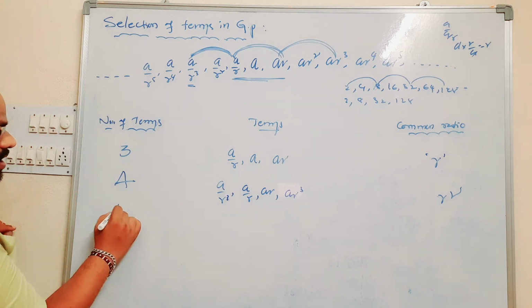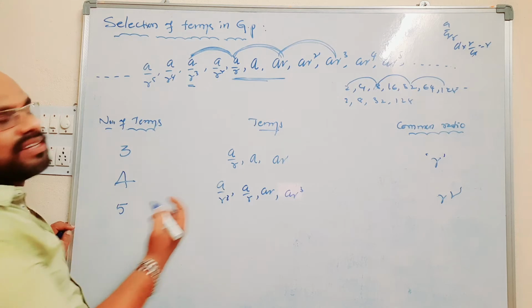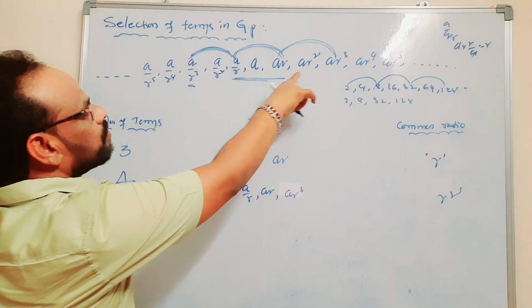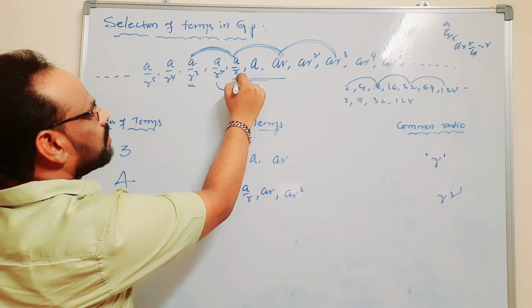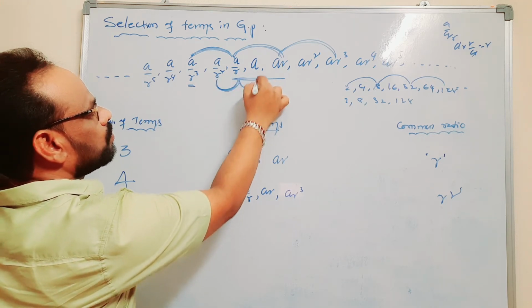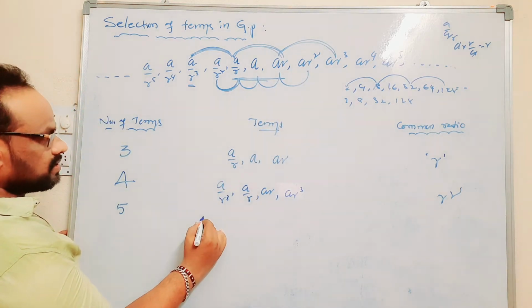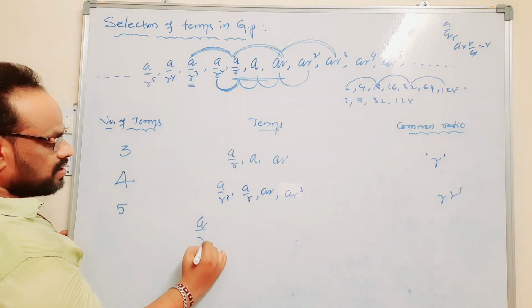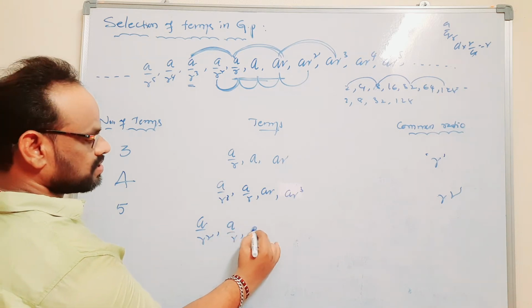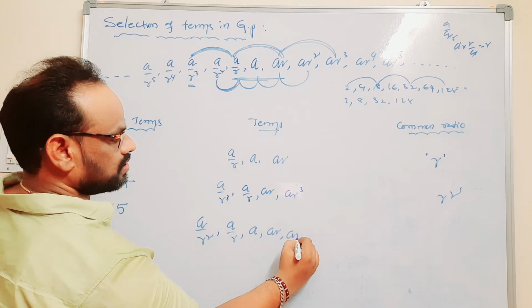Next, if you want 5 terms, directly select these 5 terms: A by R square, A by R, A, AR, AR square.